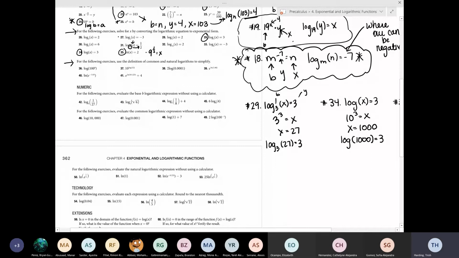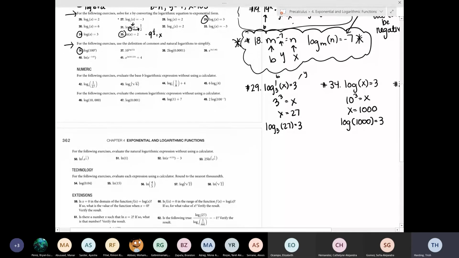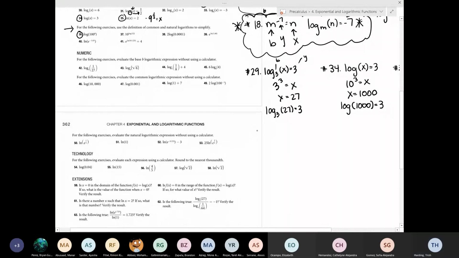Okay, so here we're going to simplify. We'll start with number 36. I assume that's the most simple. So these can also be solved through simplification. Notice it's a common logarithm, so we're going to have a base of 10.